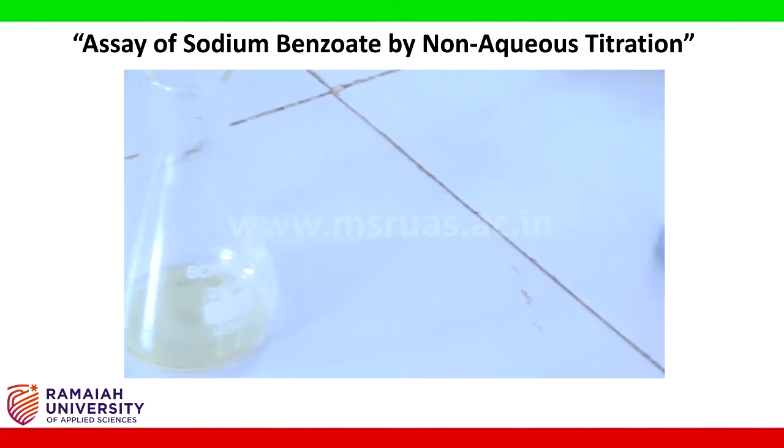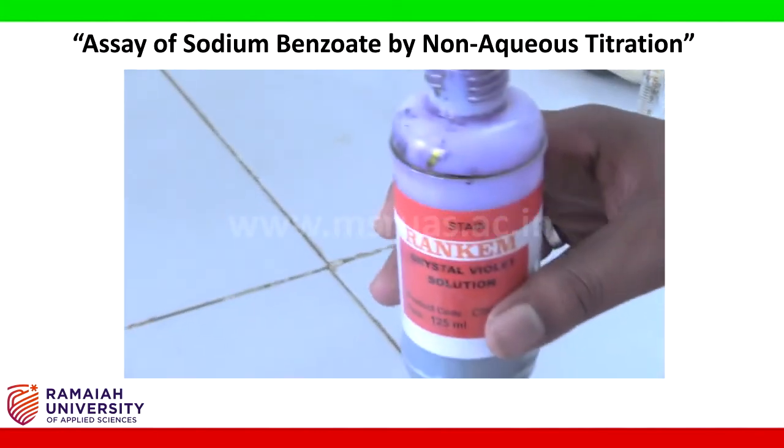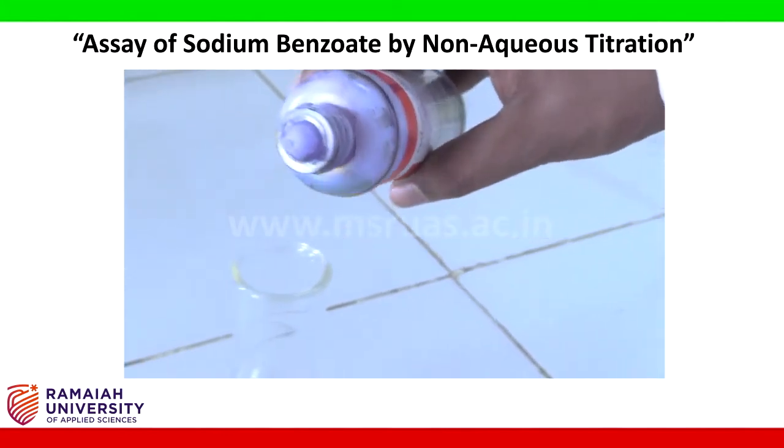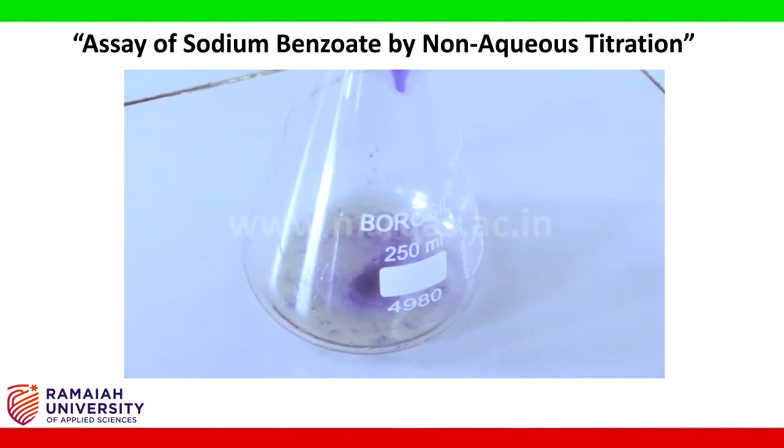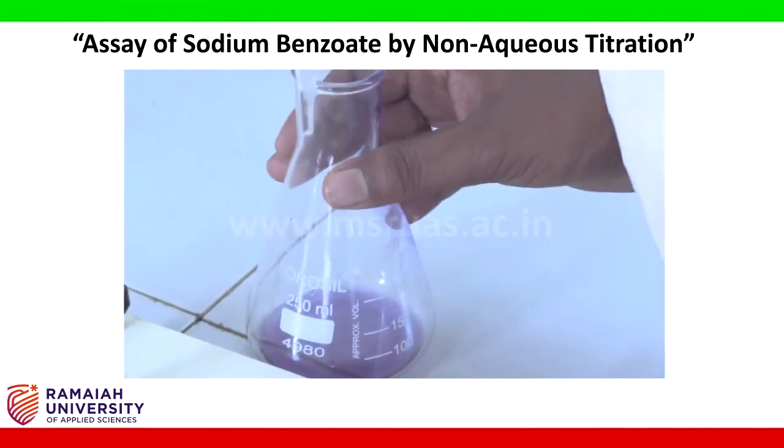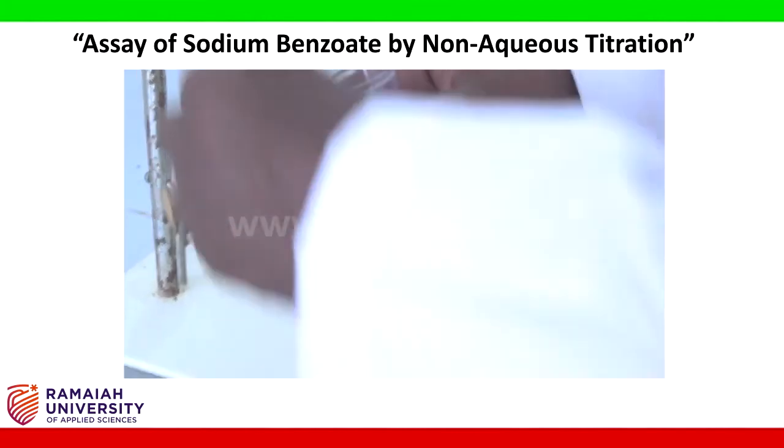To this, add 1 drop of crystal violet indicator. Now titrate against perchloric acid solution.